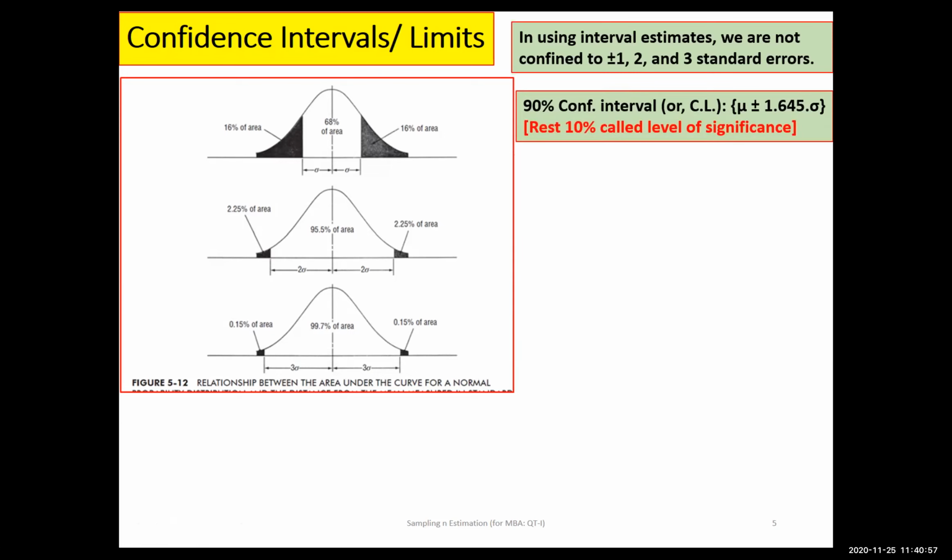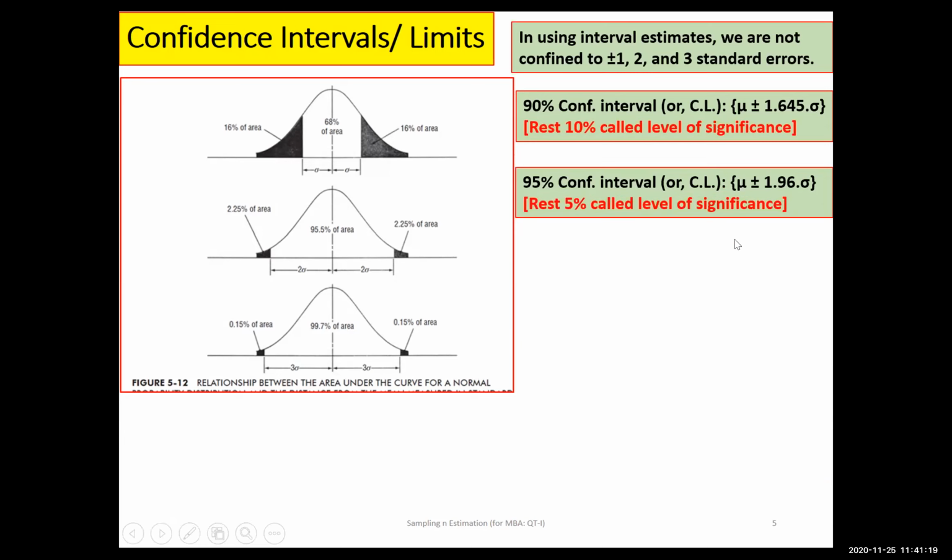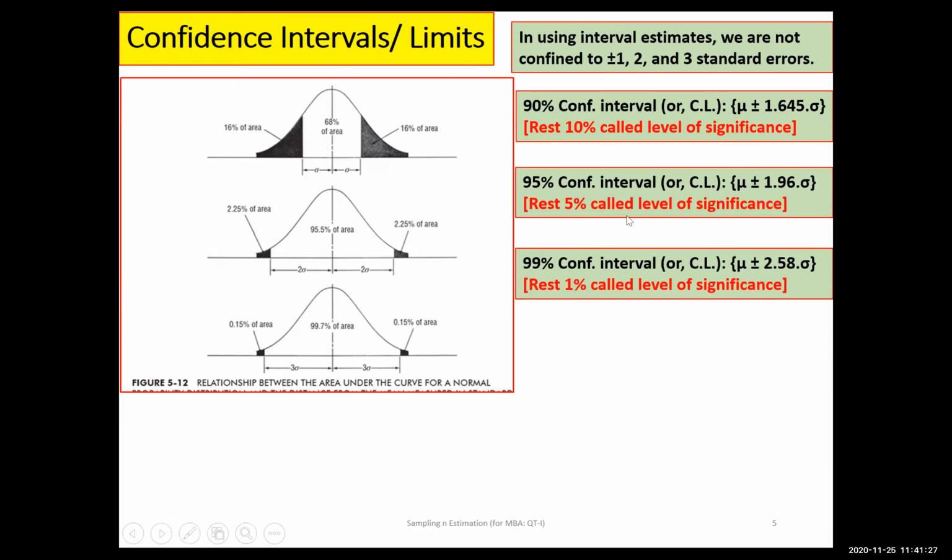All of you write. One is called the 90% confidence interval. The Z will be 1.645, minus 1.645 to plus 1.645. You have to remember this number. If you want 95% confidence, the Z value will be 1.96 times sigma or standard error, and the rest will be 5%.